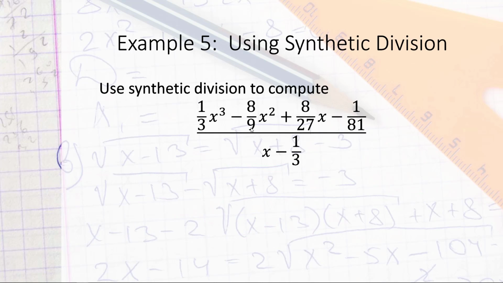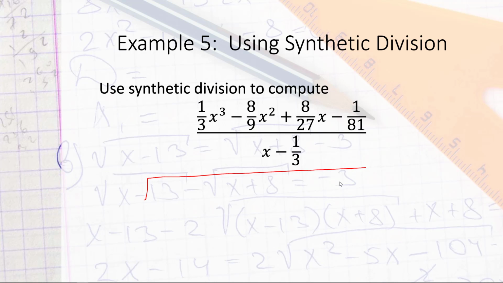Okay, I have a couple other problems just to walk through. This is a synthetic division problem, and this one has fractions. Man, doesn't get any worse, does it? Okay, so here you're dividing all this by x minus 1/3. So once again we need to set up our synthetic division.